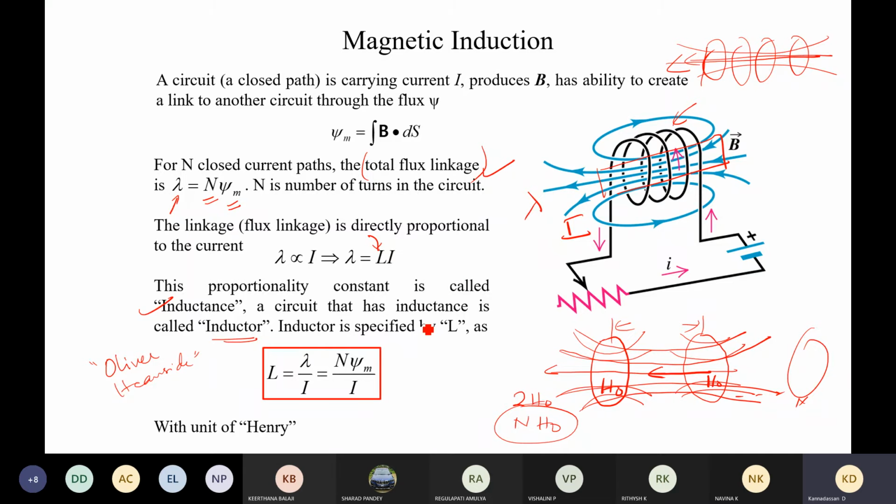The inductor is specified by the letter L, for linkage. The inductance is calculated as the total magnetic flux created by this inductor divided by the current flowing inside. It is measured in henry, and the most common reference value is nanohenry.